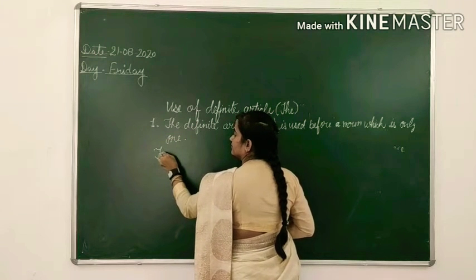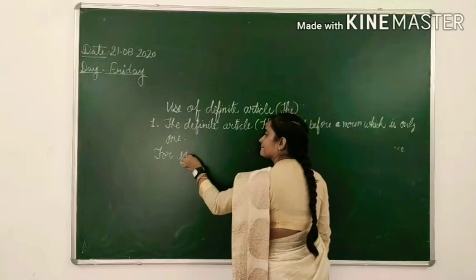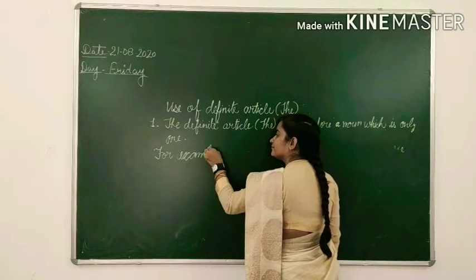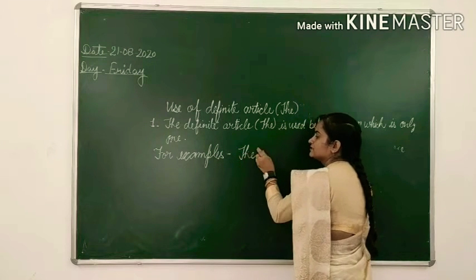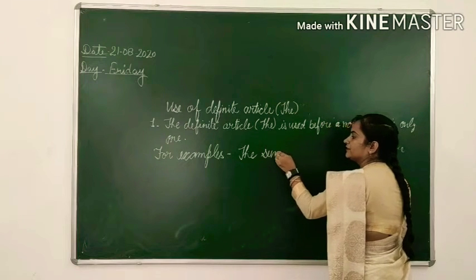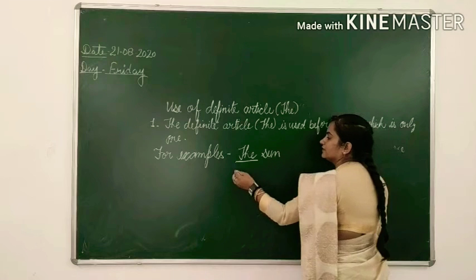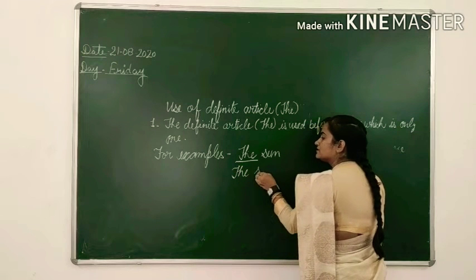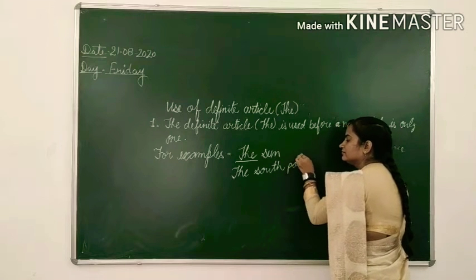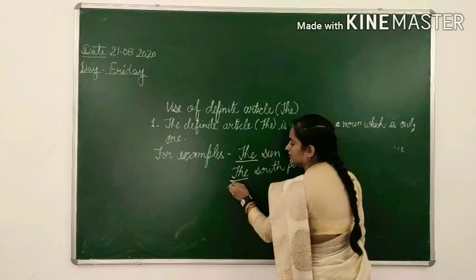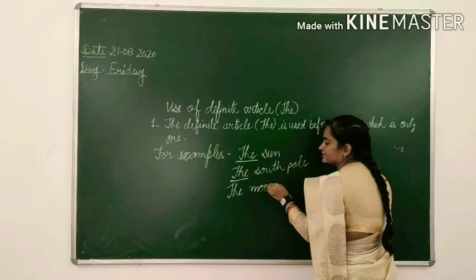For example, the sun. You know very well, there is only one sun in the universe. The South Pole. The moon, etc.